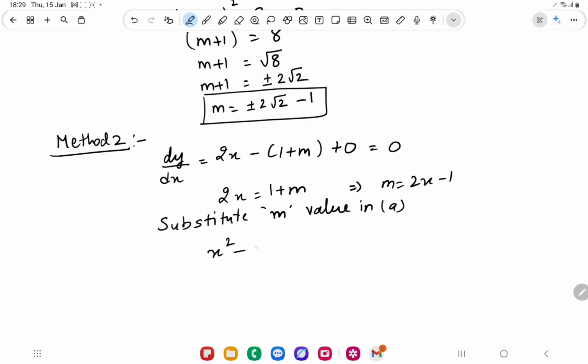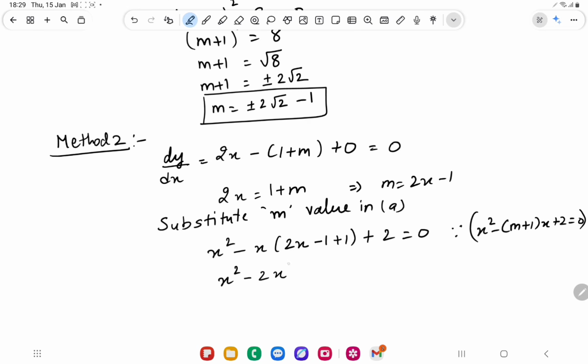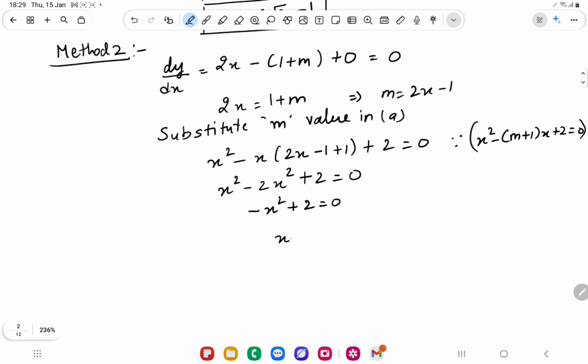Now how will I substitute? Instead of m I will write this, and it was x square minus (m plus 1)x plus 2 is equals to 0. Since first part answer was this. So if I simplify this, that becomes minus x square plus 2 is equals to 0, which gives me x square as 2, x as plus minus root 2.